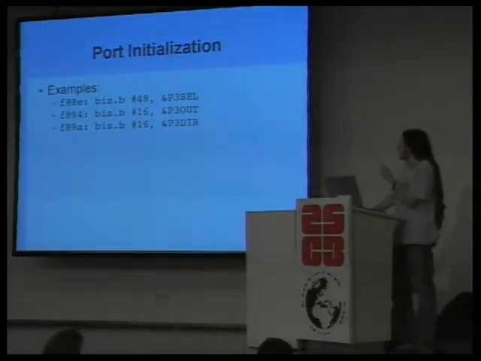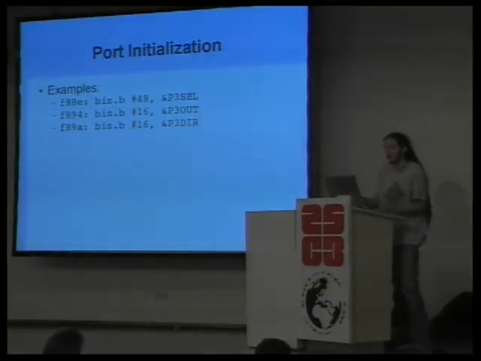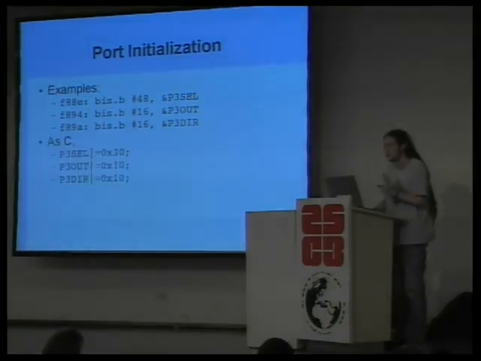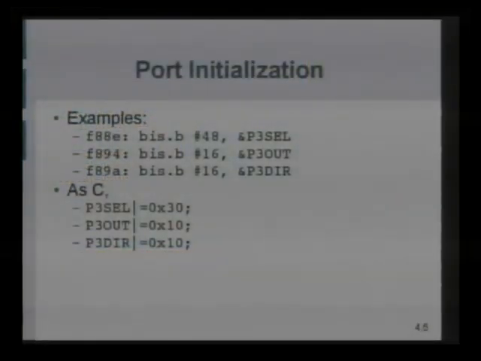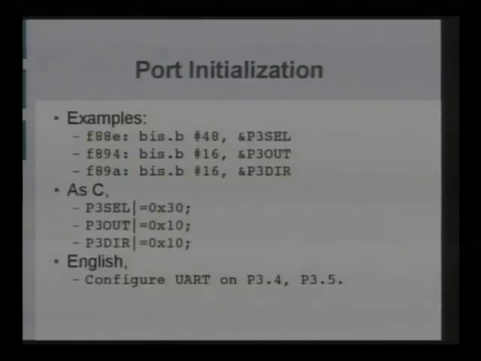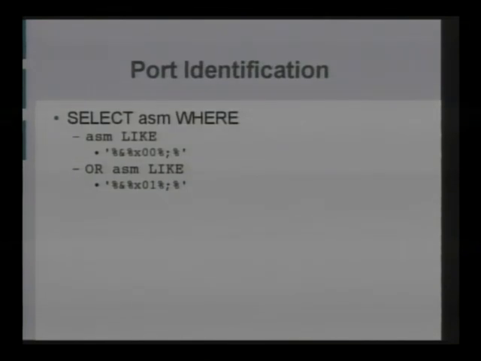Rather than reverse engineering all of this code and marking out exactly which ports should be set high and which should be low, it's easier to just copy everything over and link it in elsewhere. So you don't have to convert from this to the equivalent C, and then from C to identifying it on the schematic, and then from the schematic to the intent that the programmer had.